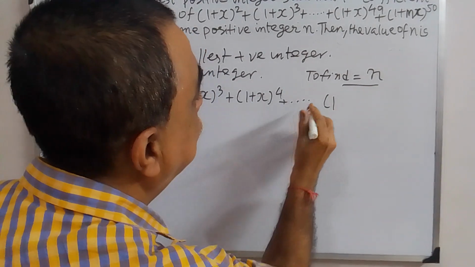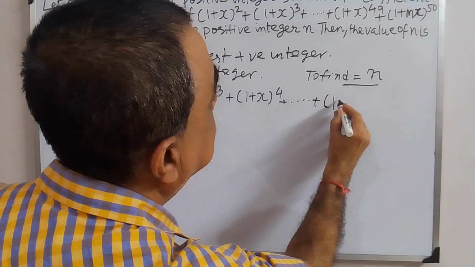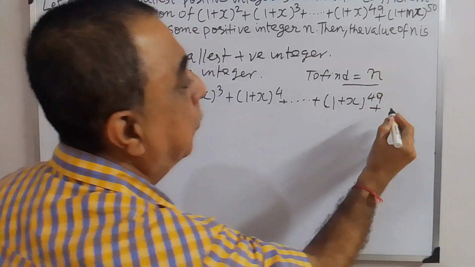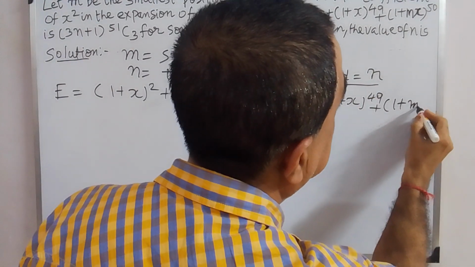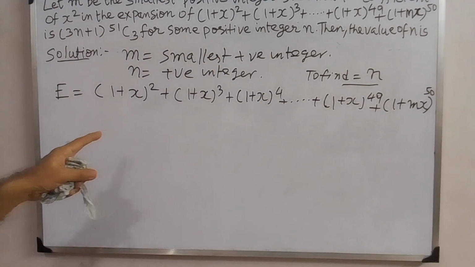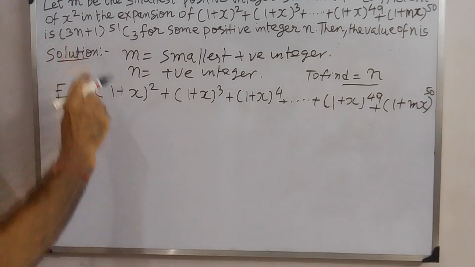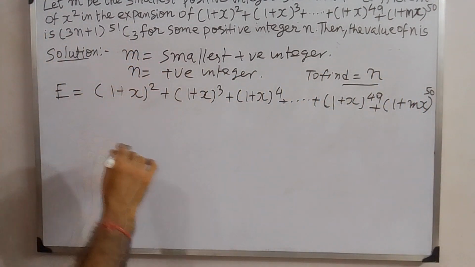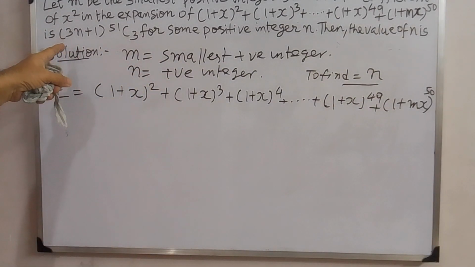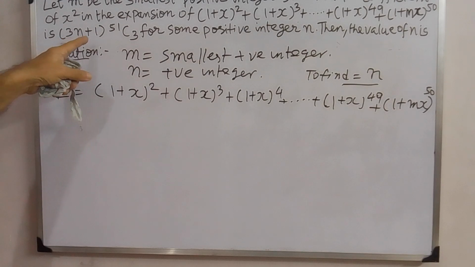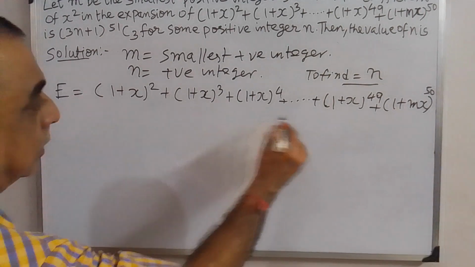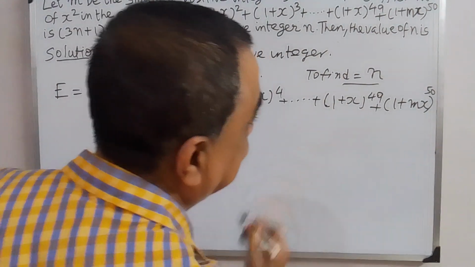It is told that the coefficient of x squared in this expansion is given in terms of n: (3n+1) times 51C3. So first we will find the coefficient of x squared in this expansion.